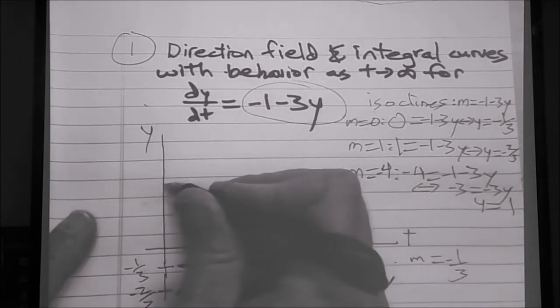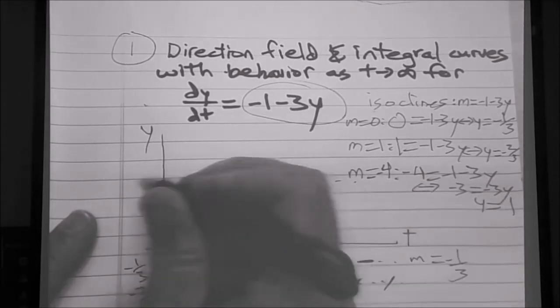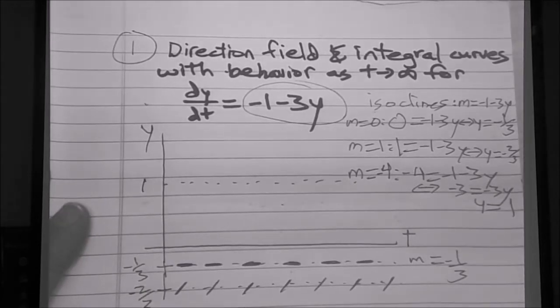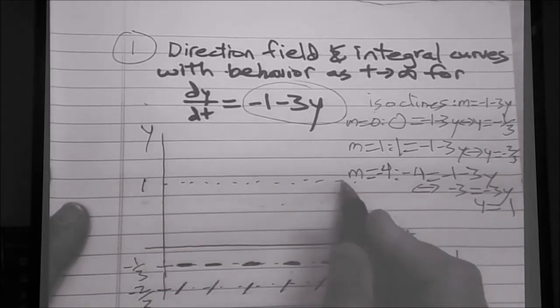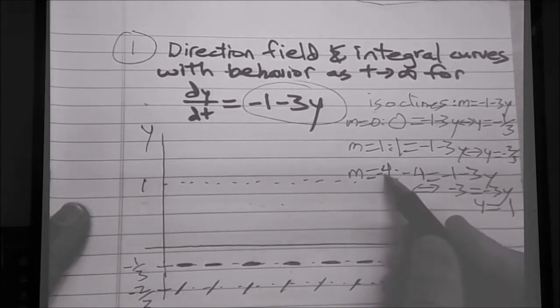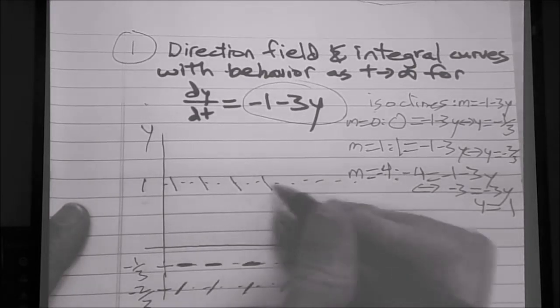So along this line up here, here's another isocline. It happens to be a line. They don't have to be lines. Take a look at the example in the notes, for instance. Along this isocline, this curve here that I've drawn is a dotted curve. Every line segment in the direction field will have slope minus 4, so it's kind of steep like that. So there's some more elements of the direction field.